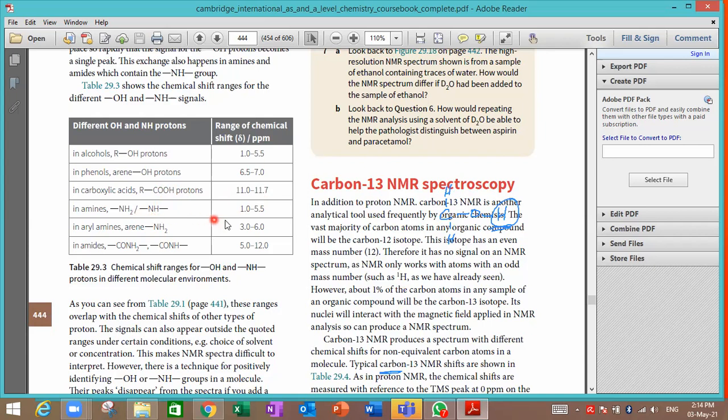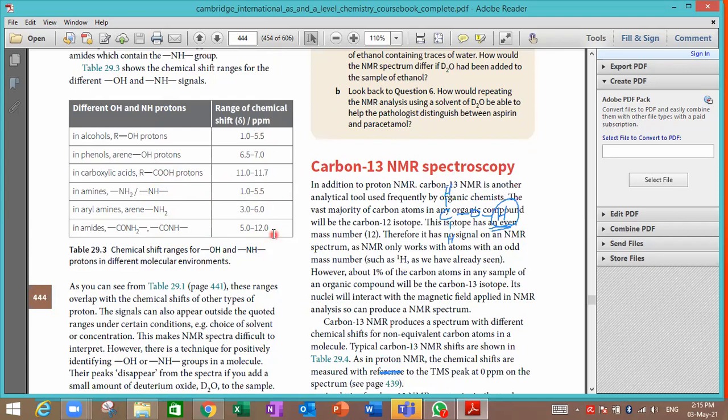If it's an NH, it will appear between 1 to 5.5, just like the OH. If it is an amine or an NH2 bonded to an arene, it will appear from 3 to 6. If we have an NH bonded to an amide, it will appear between 5 to 12. Of course, we don't have to know any of these values, only to look at our data booklet to find the places.